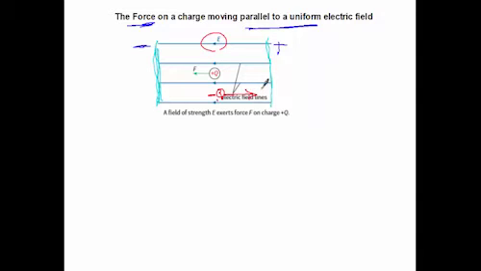So the force for the negative charge will be opposite to the direction of E, as you see. Why? Because the direction for E is from positive to negative, and the negative charge should move towards the positive plate. So this will be the force acting on a negative charge, which is opposite to E.